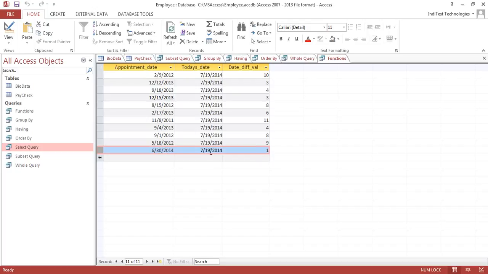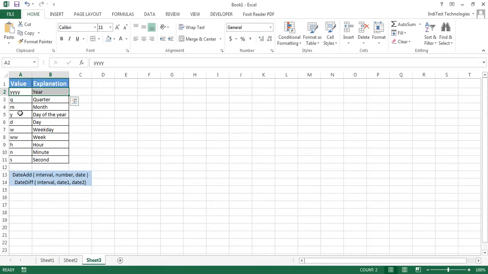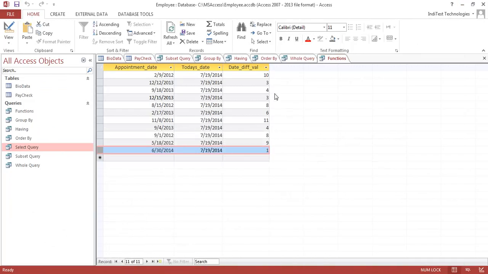The only plausible way of answering this question is that MS Access is counting the number of quarter shifts that have taken place in that time. The same kind of logic holds for months also, for the day of the year, for weekdays, for weeks, for hours, minutes, and seconds. It's just going to count the number of shifts that have taken place.